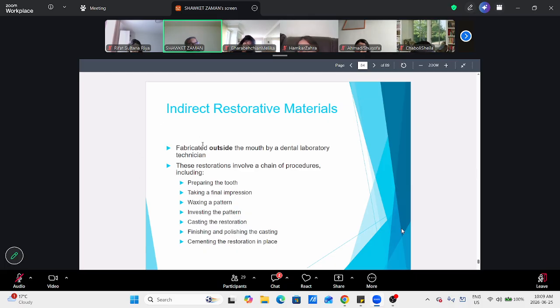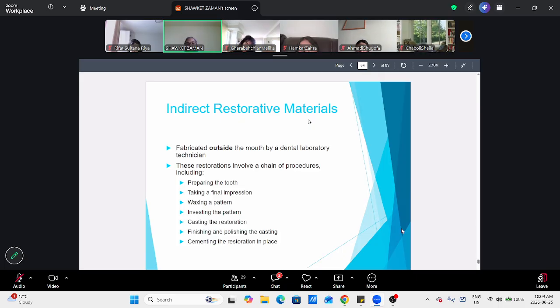So indirect restorations are made from indirect restorative materials, such as the porcelain crown, zirconia crown, metal crown, or sometimes we call it the cap, tooth capping. They also include veneer, bridge, inlay, onlay.